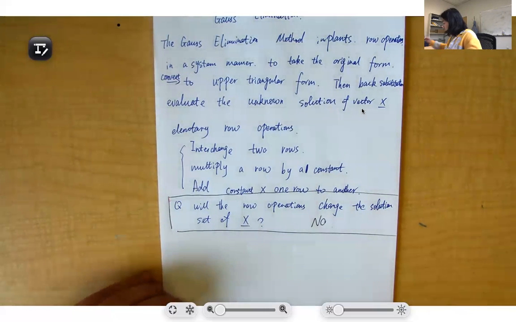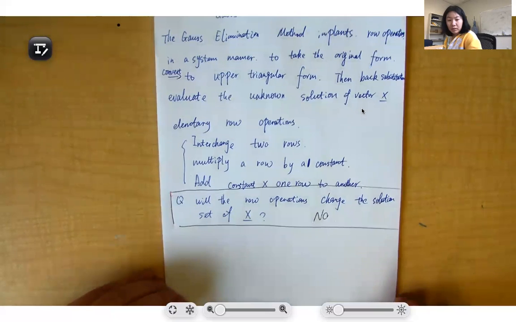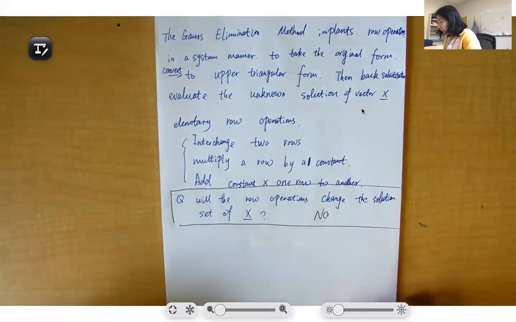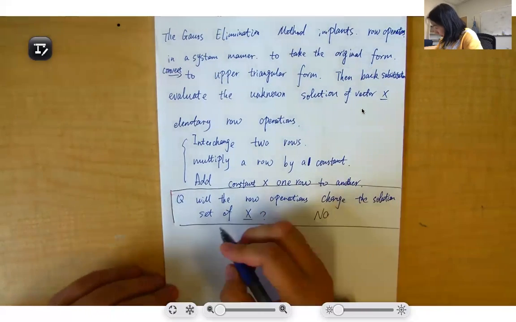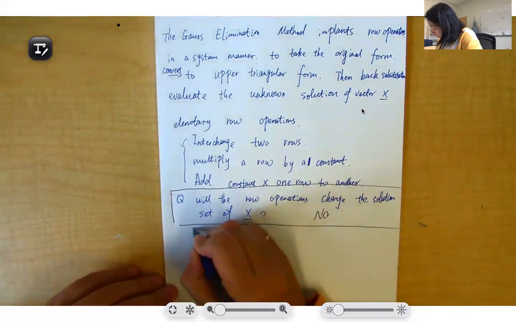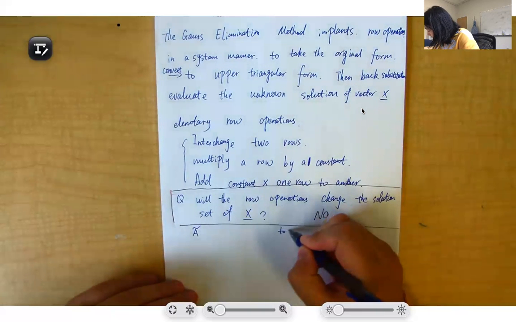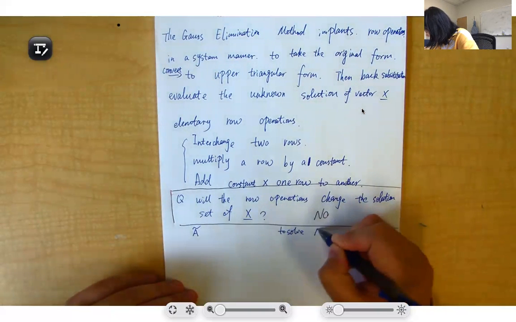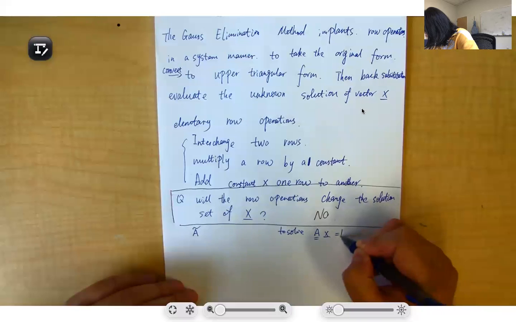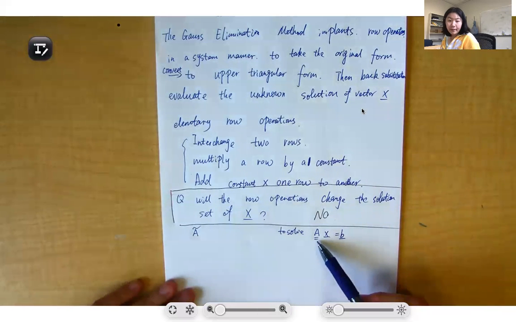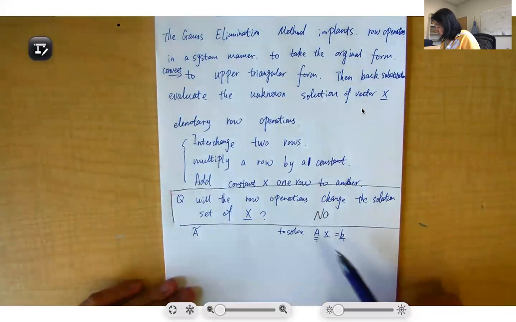Let's use notation to say what Gauss elimination is. Basically, to solve A times x equals b, you know what A is, you know what b is, and you are trying to get the solution set x.